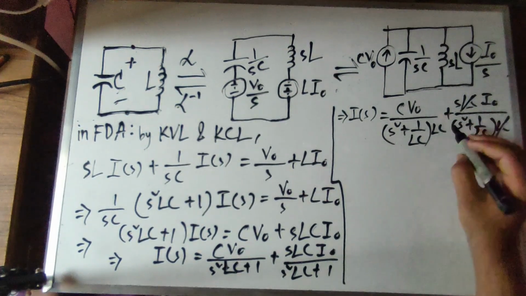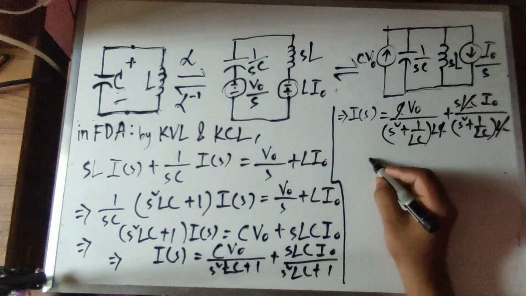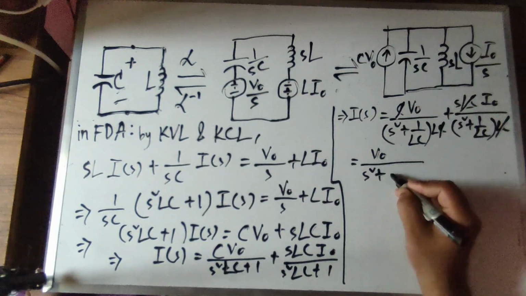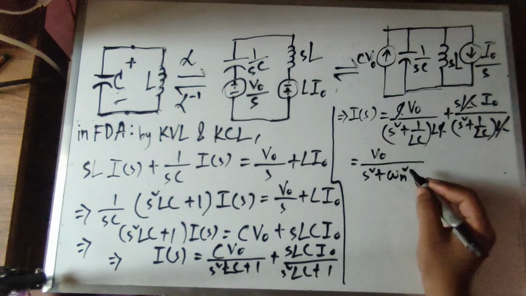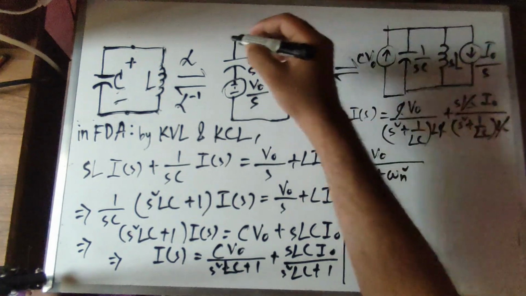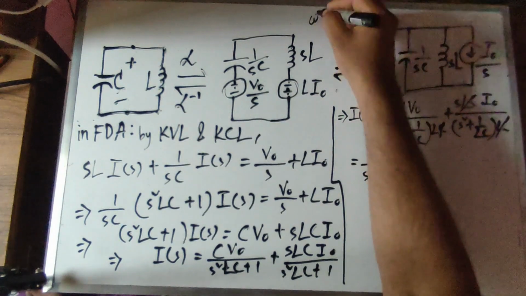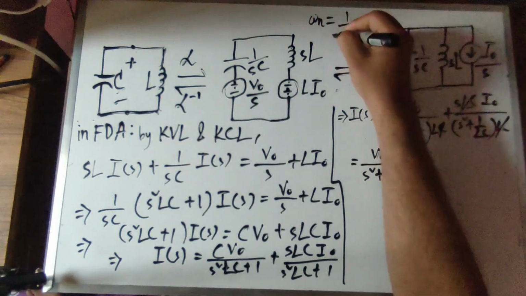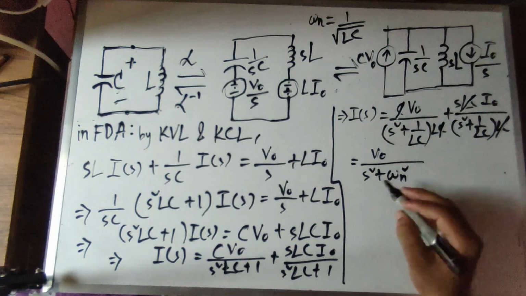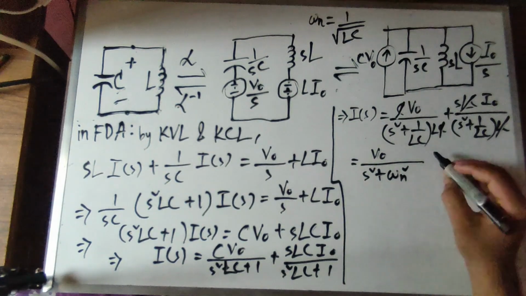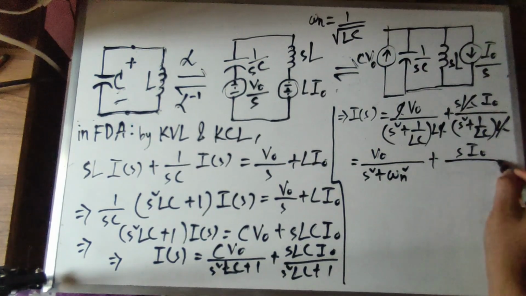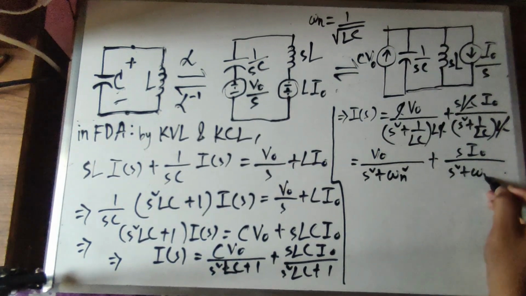So LC cuts out, and this will give V0 by L over s squared plus omega n squared, where we assume omega n equals 1 by root over LC. So this becomes V0 by L over (s squared plus omega n squared) plus s I0 by (s squared plus omega n squared).